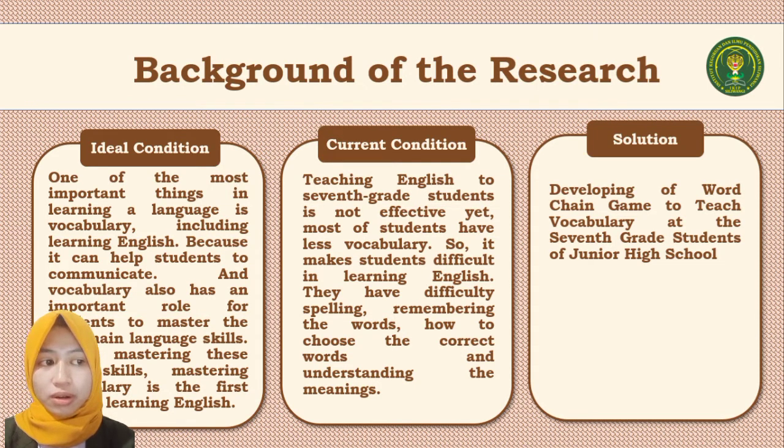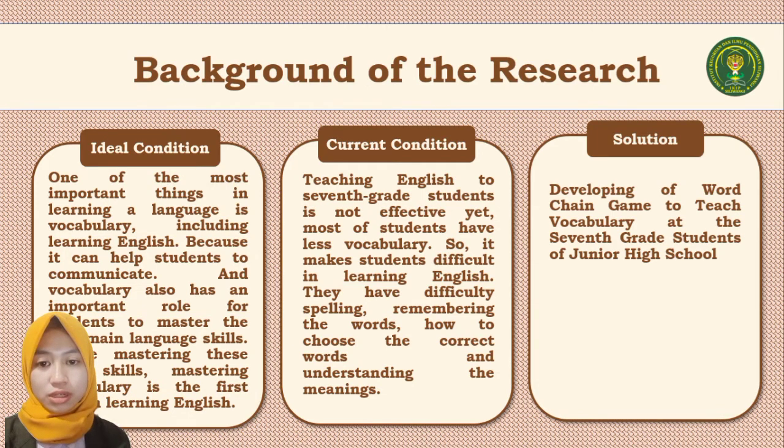But for the current condition, teaching English to 7th grade students is not effective yet. Most of the students have less vocabulary, so it makes students find it difficult to learn English. They have difficulty spelling, remembering the words, choosing the correct words, and understanding the meanings.